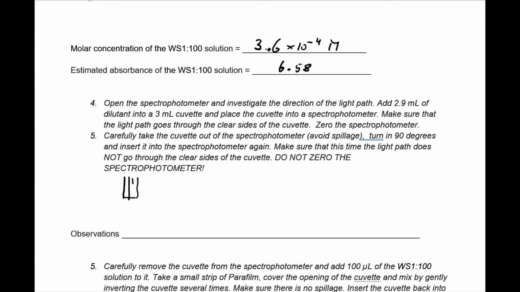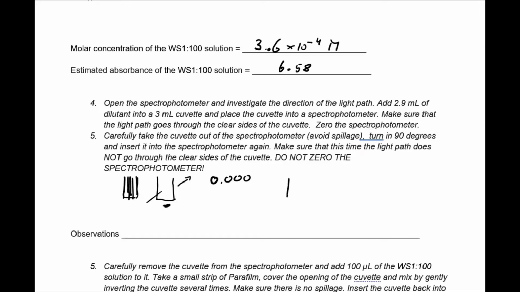One is the ridged side where you can touch it, and the other side, 90 degrees to that, would be a clear side, and that actually should be the side that the light would go through. So if we place the cuvette with the clear side into the spectrophotometer, we should really get a reading of 0.00.